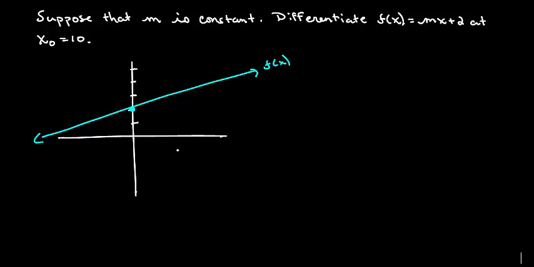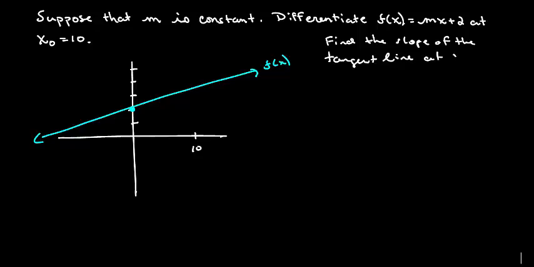And then what we're asked to do is differentiate, which is essentially the same as finding the slope of the tangent line at 10.